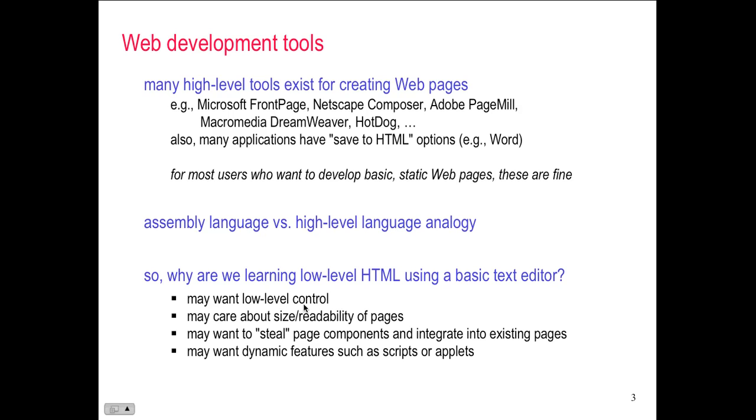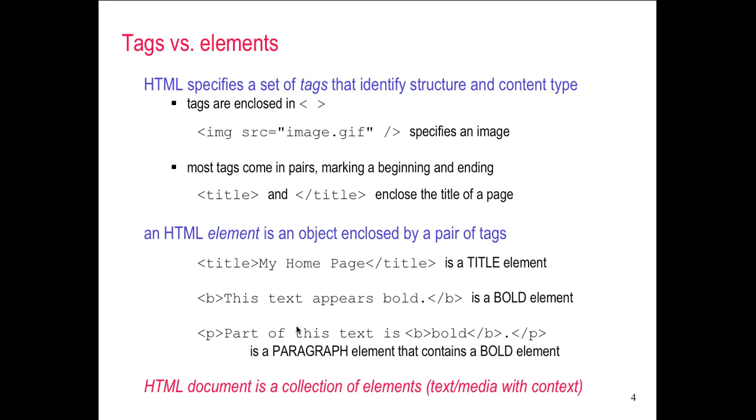If you use Dreamweaver or something like that, how do you know the low-level information? How do you know what to change to fix something? You can't troubleshoot anything that way if you don't have the knowledge of it. Then there's size and readability of the page. Those pages are huge. The pages that you're going to create are going to be really small, nice, manageable. And you may want dynamic features such as scripts or applets to run in it.